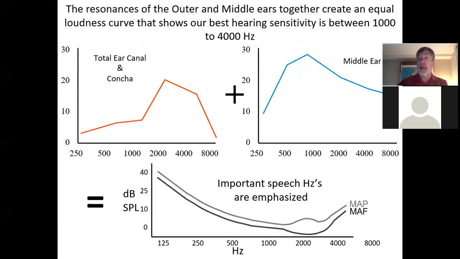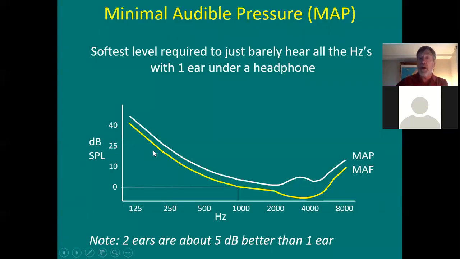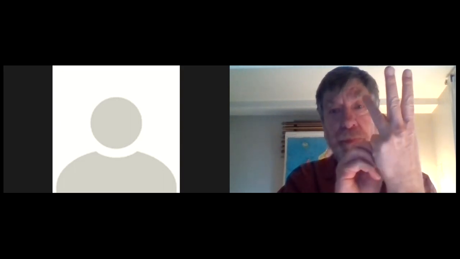Okay, just realize MAP is the softest it took to hear all the different frequencies with 1 ear under a headphone. Okay, so think about it as having 4 steps. 4 steps here, not 5, 4. First, what was the softest it took to hear a 1,000 hertz tone at 1 meter distance from a speaker with 2 ears? Once that's defined, and we call that 0, okay, that's step number 1. Step number 2, let's do the same game at all the different frequencies.